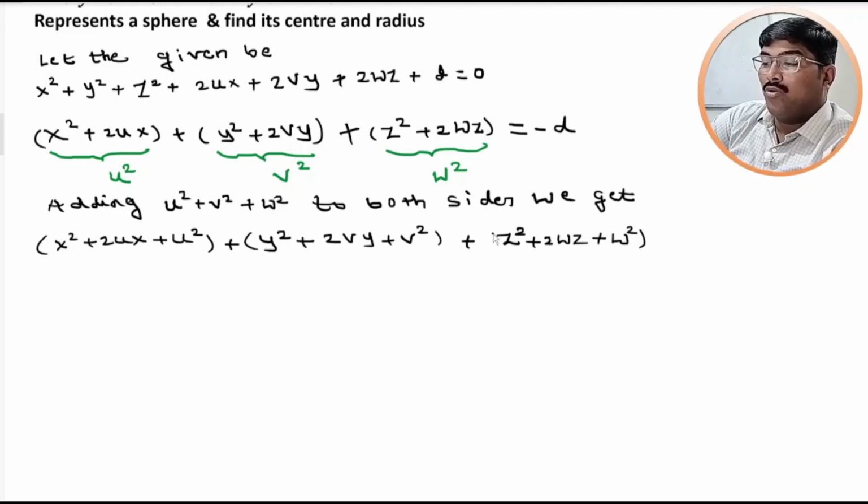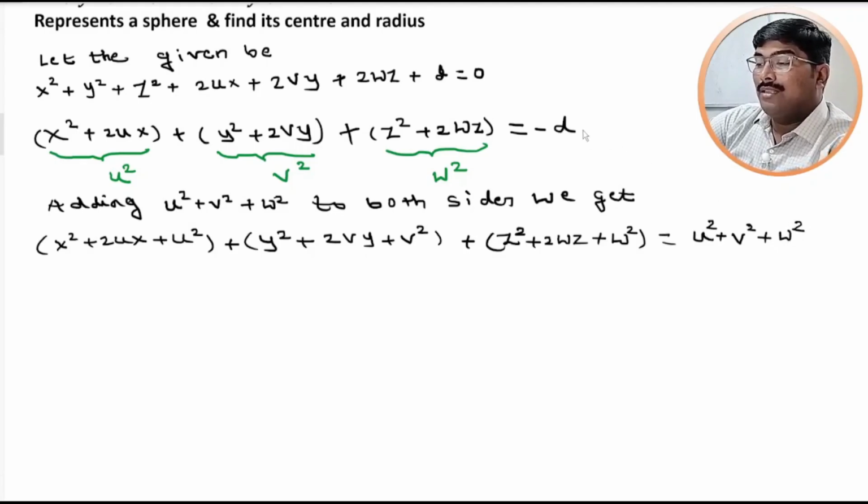Similarly, you have to add to the right hand side. At that time you will get u square plus v square plus w square, and write down this minus d as it is, that is minus d.